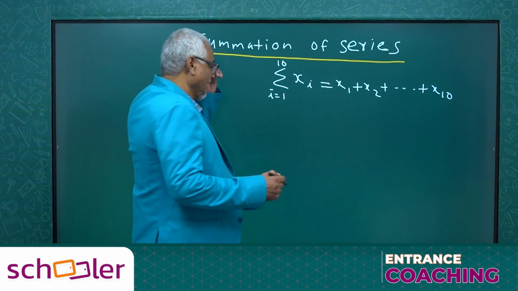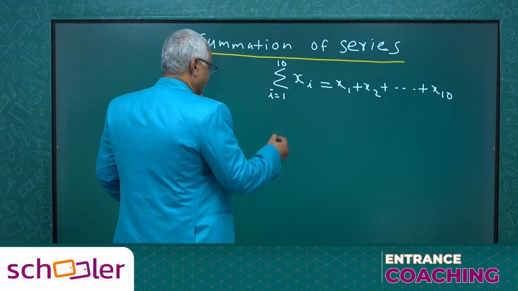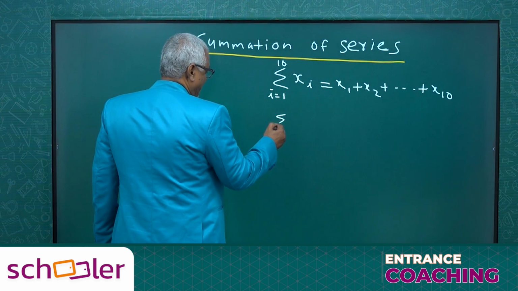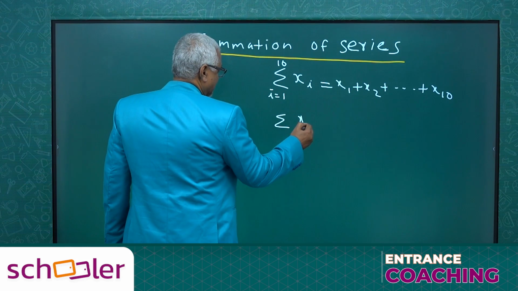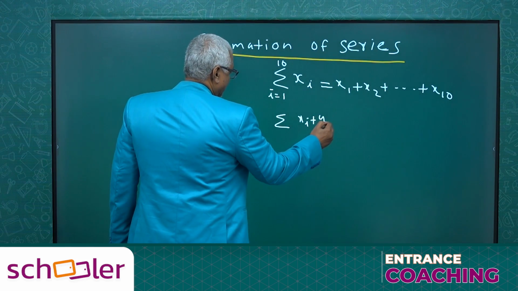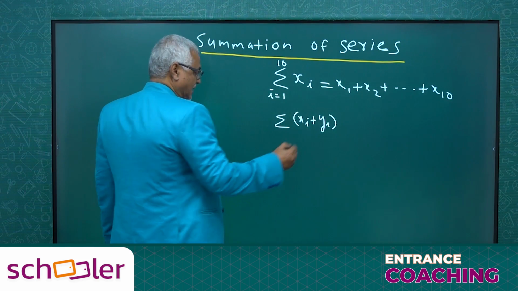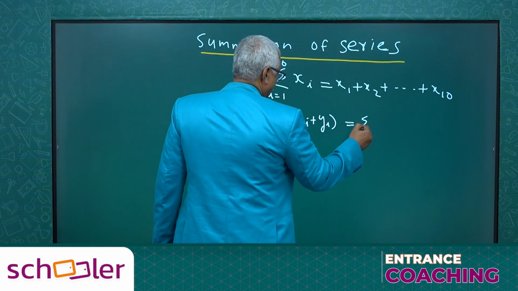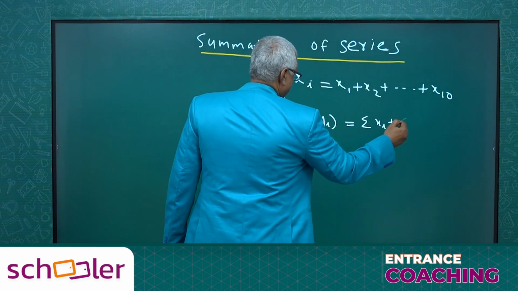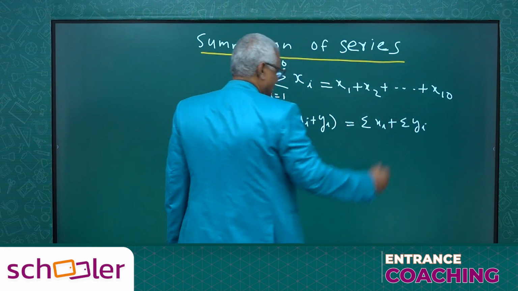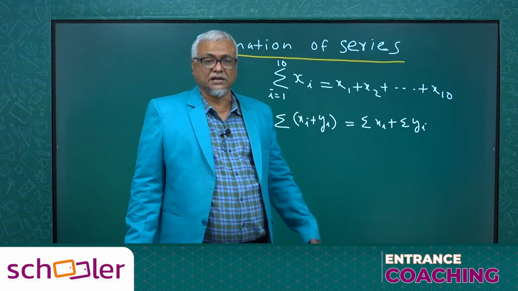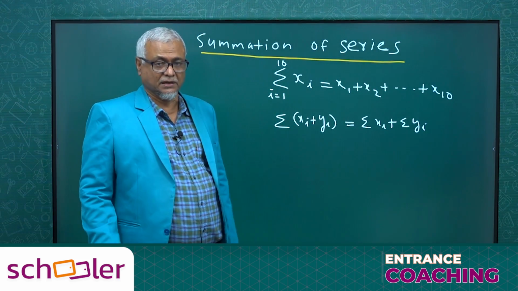And what are the properties of the series? One property is sigma of xi plus yi can be written as sigma xi plus sigma yi, it can be split. If it is minus also, you can write sigma xi minus sigma yi.